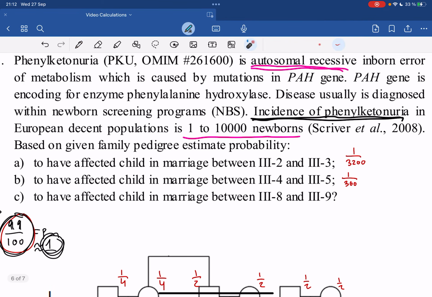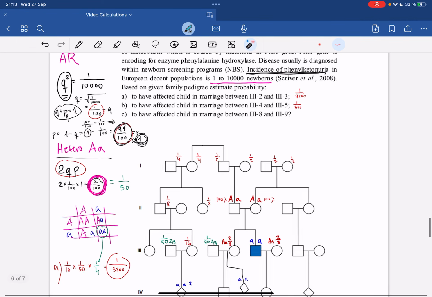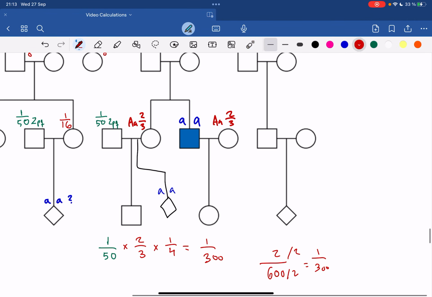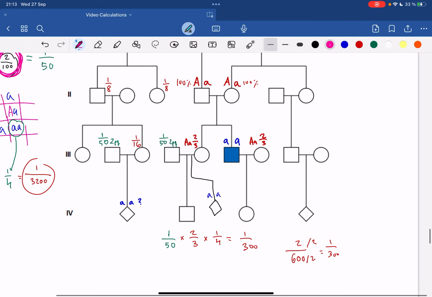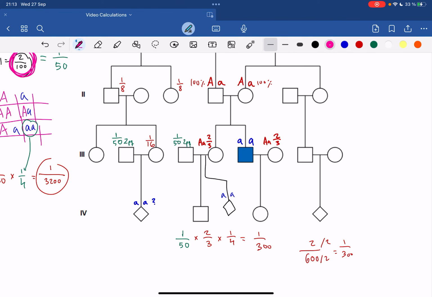Okay. Next question. What is the probability to have an affected child in a marriage between 3/8 and 3/9? So let's look at it right here. 3/8 and 3/9 is this couple, right? 1, 2, 3, 4, 5, 6, 7, 8.